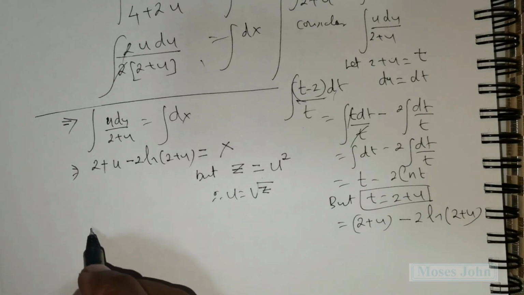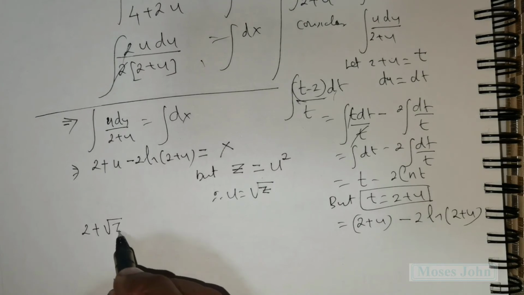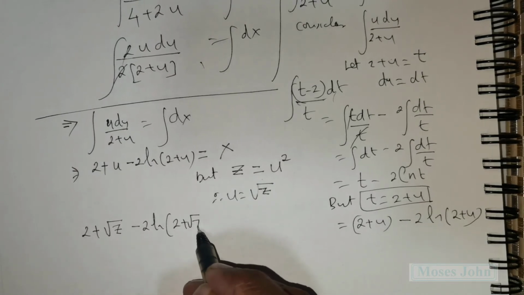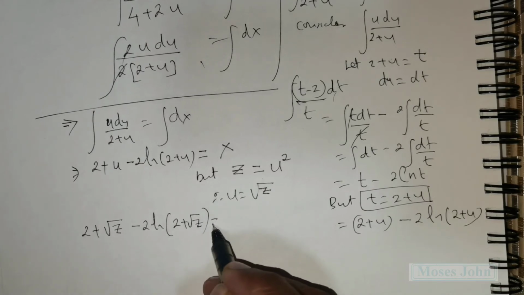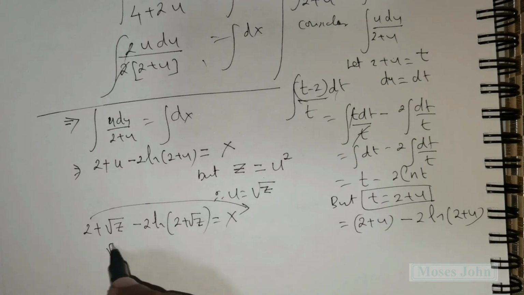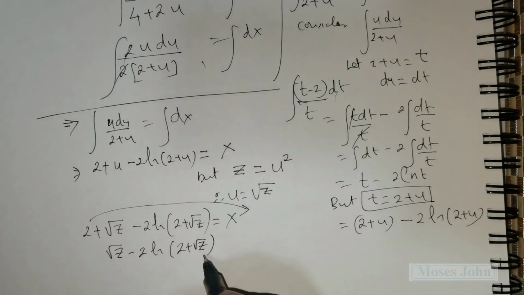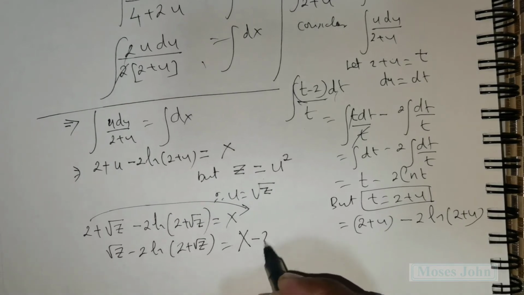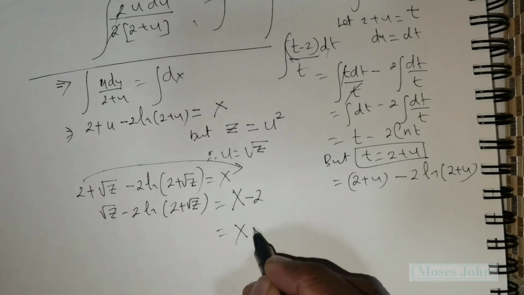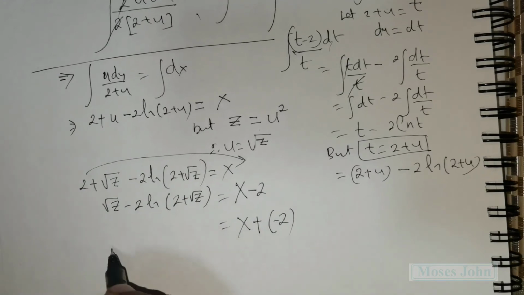Now if I make the substitution, clearly the following would be obtained. This is going to be 2 + root z, in place of u, minus 2 ln(2 + root z) equal to x. Now I will move this 2 to the other side. That would mean root z - 2 ln(2 + root z) is equal to x - 2. Now I'm going to rewrite this as x plus negative 2 on the left.